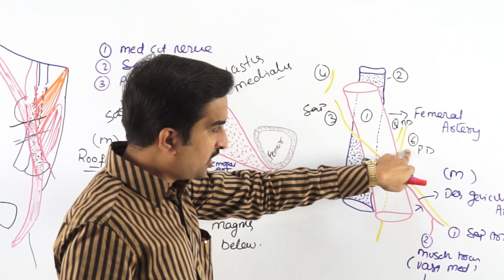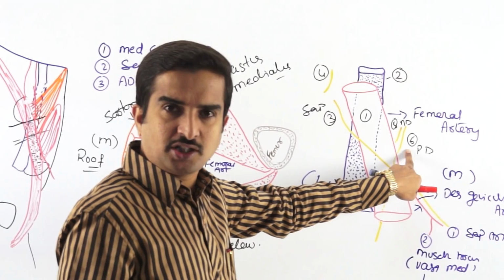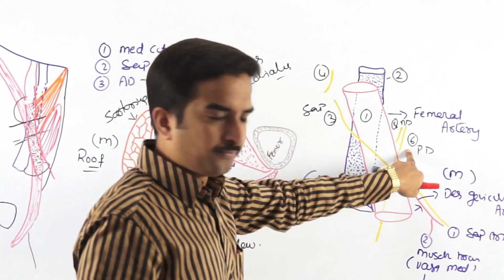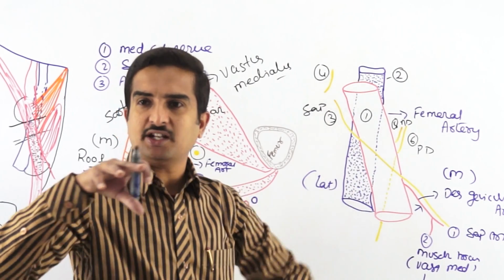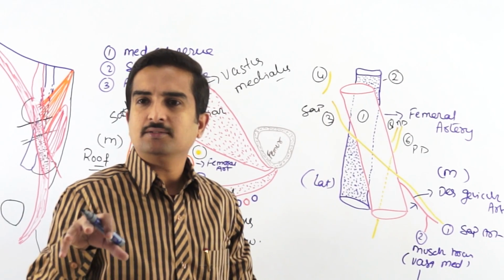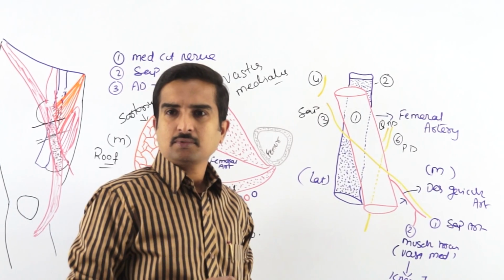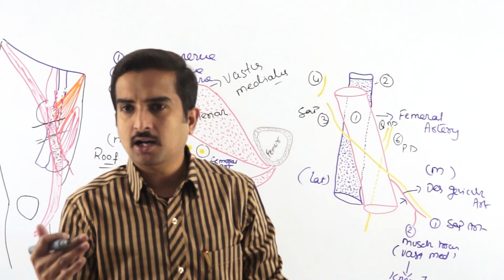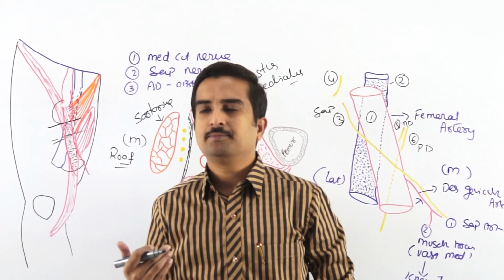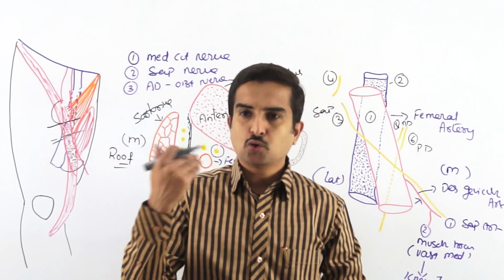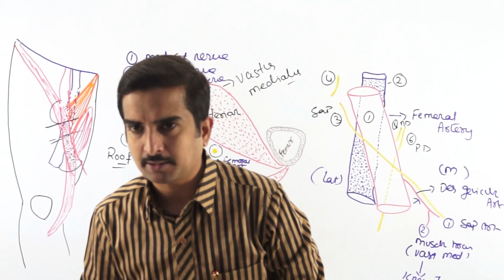But the posterior division of the obturator nerve runs behind the femoral artery, and after it runs behind the artery, it runs over the anterior surface of the adductor magnus.